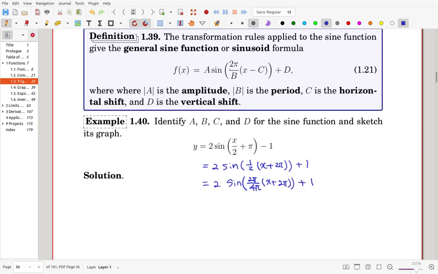If we follow that form, then the amplitude will be 2. And now here the period must be 4 pi. And here the horizontal shift must be minus 2 pi. And the vertical shift must be 1. Right?